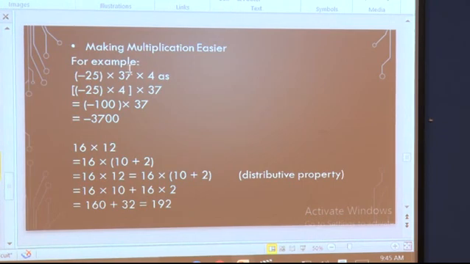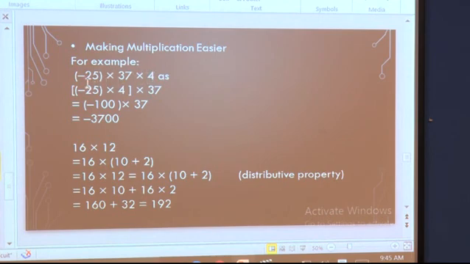For example, for making a multiplication very easy, here we have integers as well as whole numbers in the multiplication. What can we do? We can change the place for multiplication as well as for addition, so the product of multiplication will remain the same.